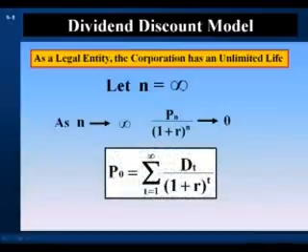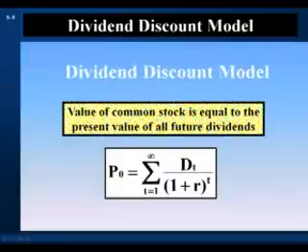So the price of a share of common stock can be conceived as the present value of a perpetual stream of dividends. And this is the dividend discount model. The model says that the value of common stock is equal to the present value of all future dividends.